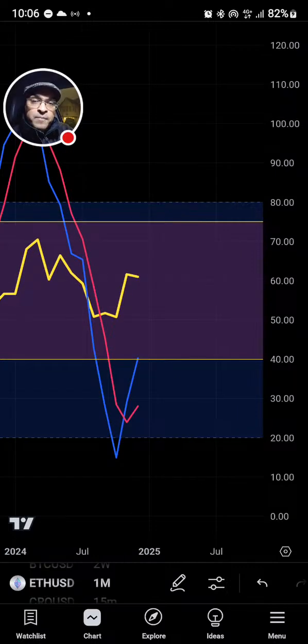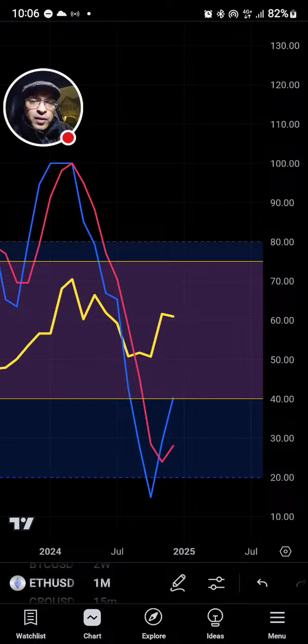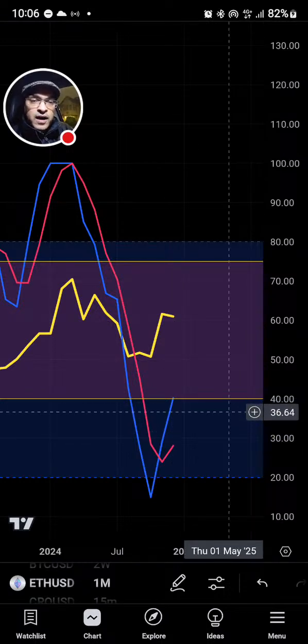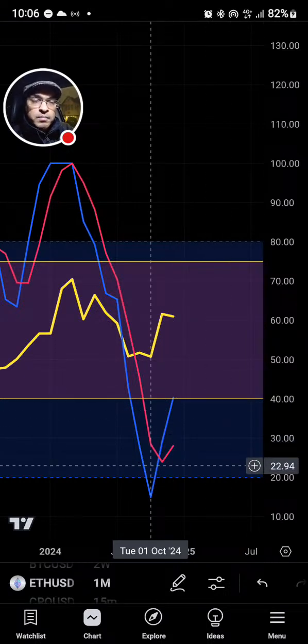Put it this way, ETH coming back into this, I don't know if you can see this 40 range here, this 40 line. The yellow line goes to the number 40.